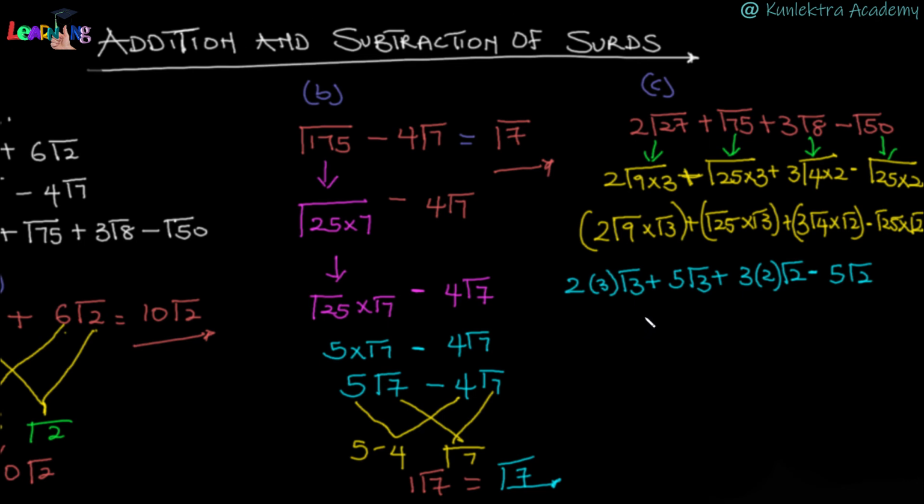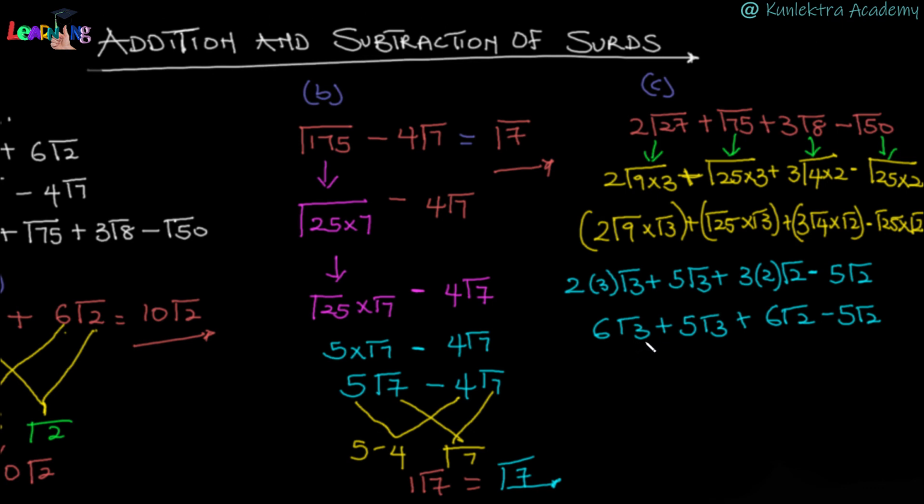Now we are getting to a point. You see, we have some that are like surds, and we have some that are unlike surds. Now 2 times 3 is 6 root 3, plus 5 root 3, plus 3 times 2 is 6 root 2, minus 5 root 2. Looking at this, find those that have like surds, add or subtract them, and find those that have unlike surds. You know, unlike surds cannot be added or subtracted.